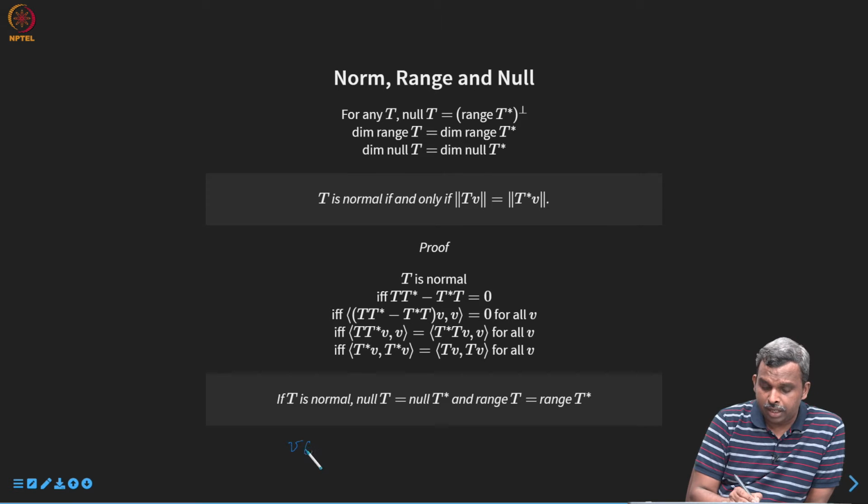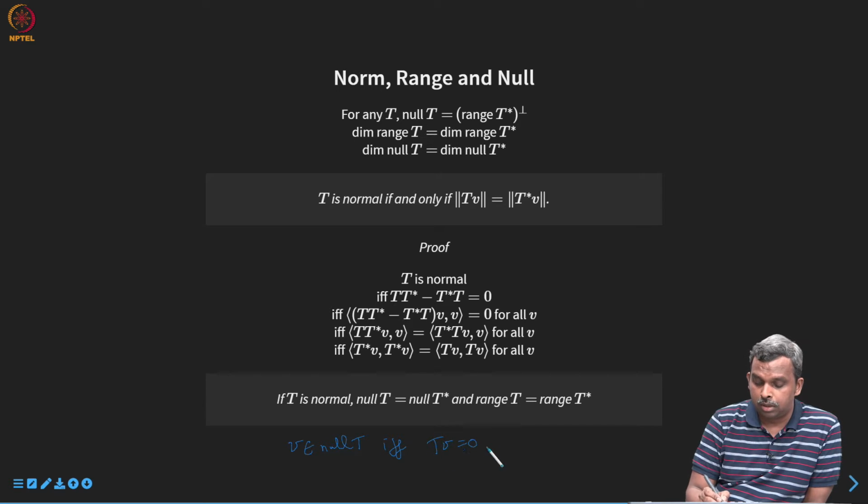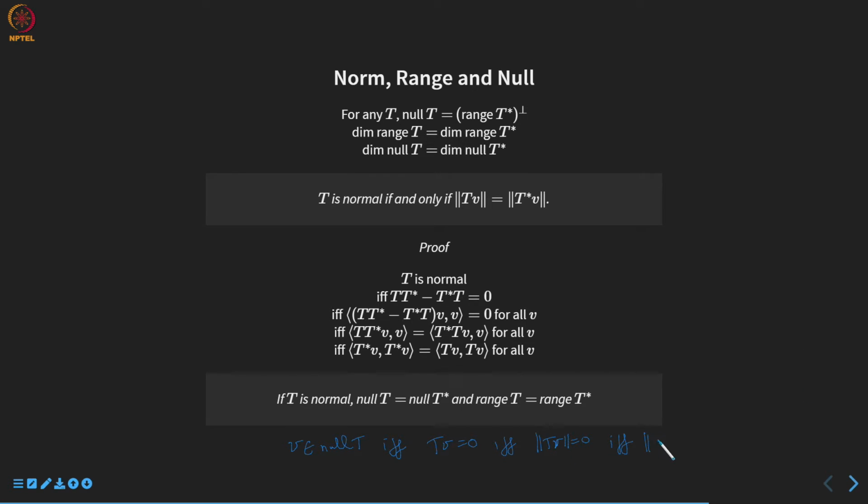So supposing V belongs to null T, this is if and only if TV equals 0, which is if and only if norm TV equals 0, which is if and only if norm T star V equals 0, which is if and only if T star V equals 0 and if and only if V belongs to null of T star.